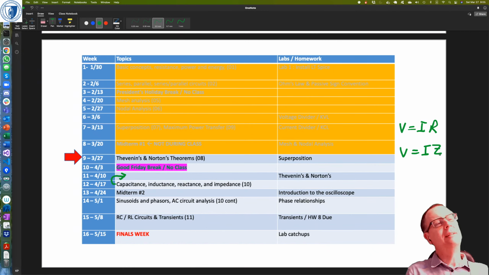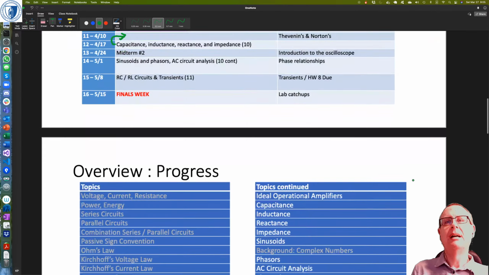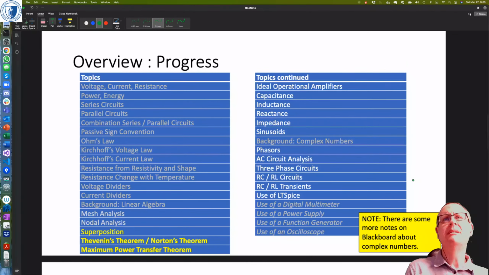But we'll do that in about 2 weeks' time. So that's where we are. I don't think I'm going to be talking about anything too new today, but we'll have a look.